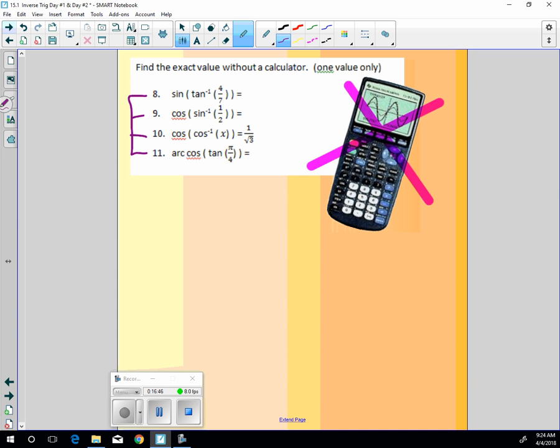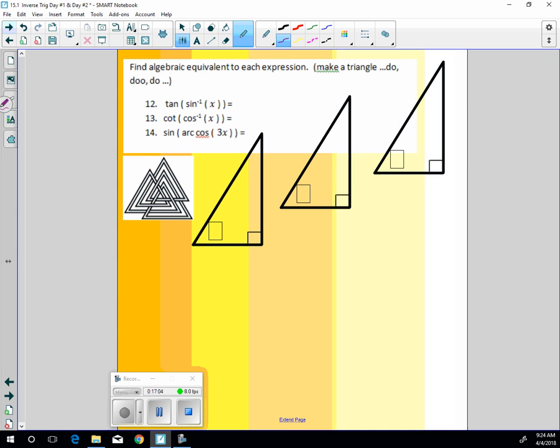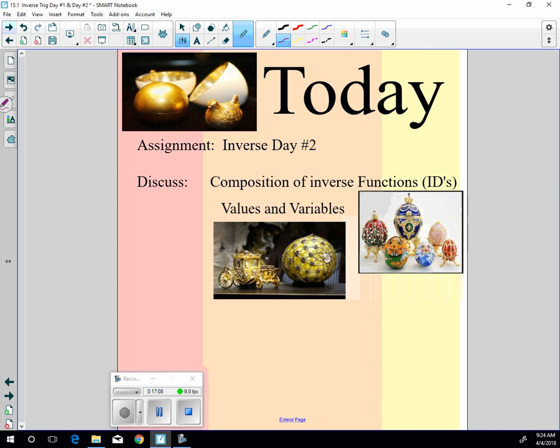Which one doesn't belong? Can you just look at it? 11. Why 11? This one you can't make a triangle because it doesn't have inverse or arc. So all of these you would be able to figure out like what we did. All right, I think that's good. I think we got through those okay.